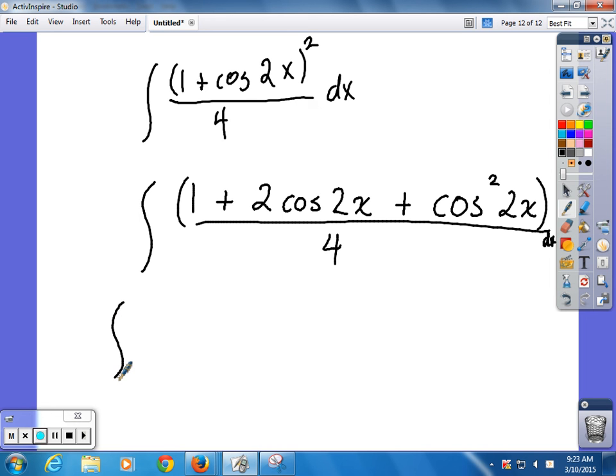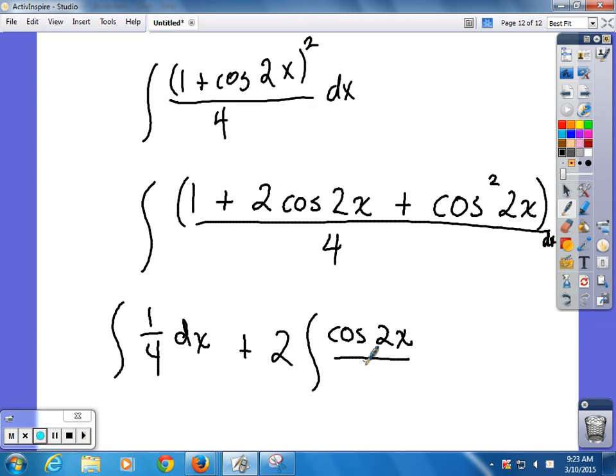The antiderivative of 1/4 dx, I'll do that one for you, plus 2 antiderivative of cosine of 2x over 4. I'll pull that 4 out of there too, dx, plus antiderivative cosine squared of 2x dx.